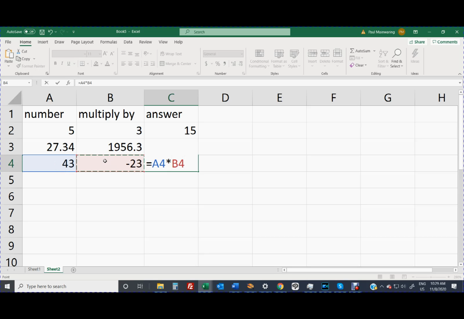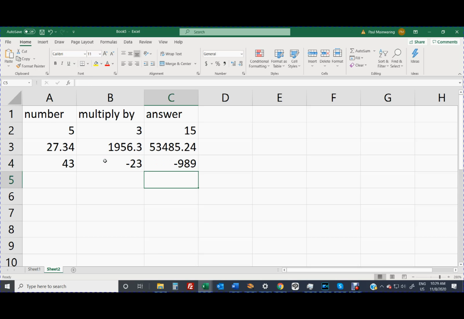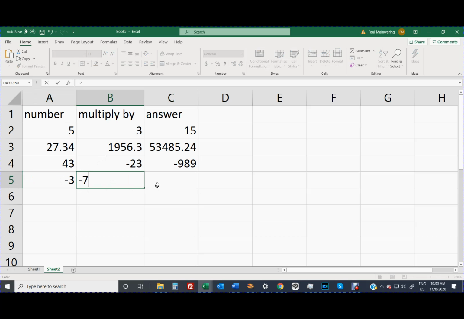So in theory, this should come out as a negative number. There it is, minus 989. Just to prove a point here, I want you to see that it follows maths. So we're going to do minus 3, and we're going to times it by minus 7. Okay? So again, equals minus 3, and we'll use shift 8 and then minus 7.